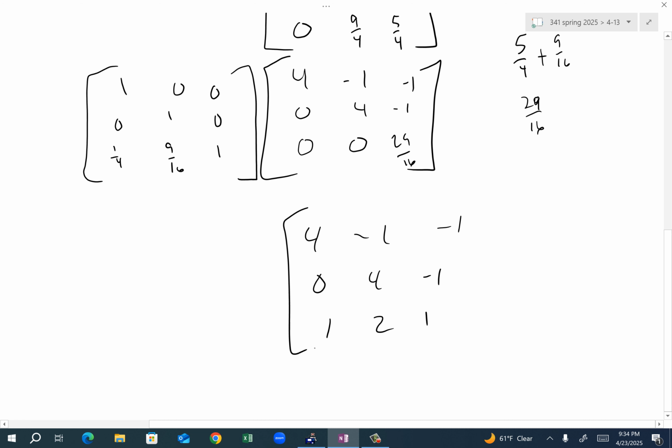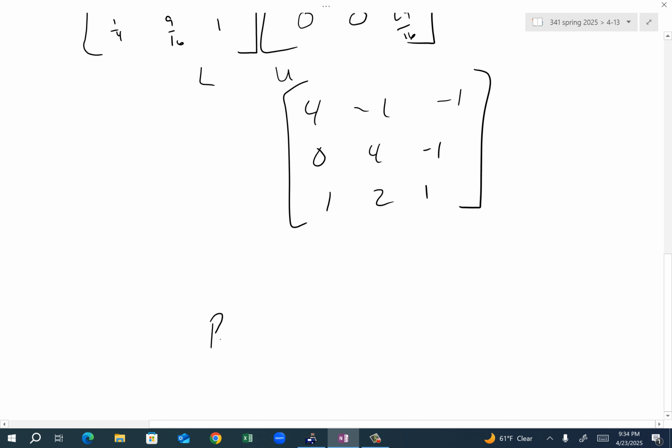Okay? And so that is an A. That's A after it's been transposed. Are you with me? And so the question is then, well, wait, what? How do I get back to where I started from? Well, this is L, U, and I need to now multiply it by what's going to take me back. Okay? What's going to take me back? Well, we multiplied it by, what we did, we called it P2 times P1 or whatever, if you will, right?